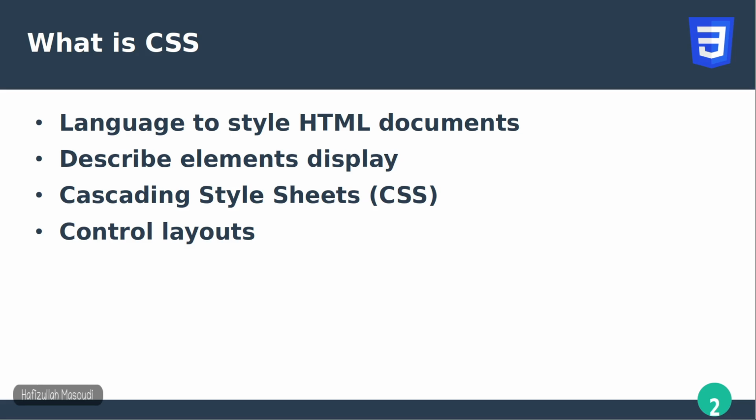So in this tutorial I will teach you CSS from basic to advanced, and CSS stands for cascading style sheets, which describes how HTML elements are to be displayed on screen, paper or in other media. So we can control the layout of multiple web pages all at once with CSS.